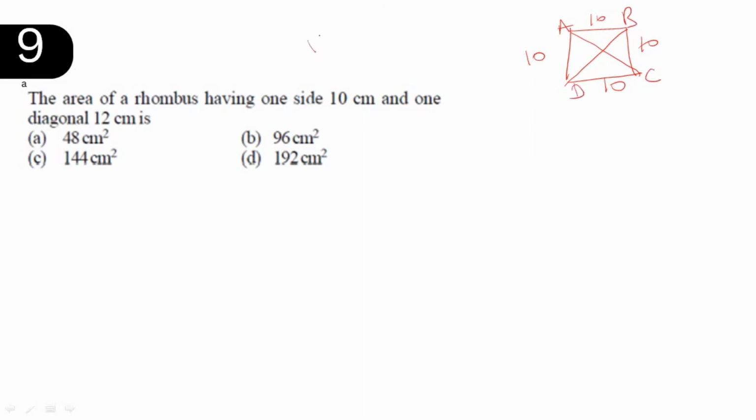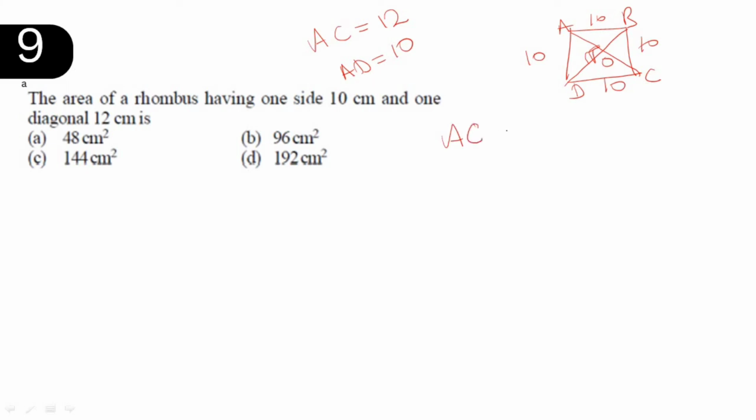So let us assume that AC is equal to 12 and AD is equal to 10. All the sides are equal. Okay, so we know one property of rhombus, that the diagonals bisect each other at 90 degrees. Using this property, we can solve all the questions of rhombus. All sides are equal, the diagonals bisect at 90 degrees.